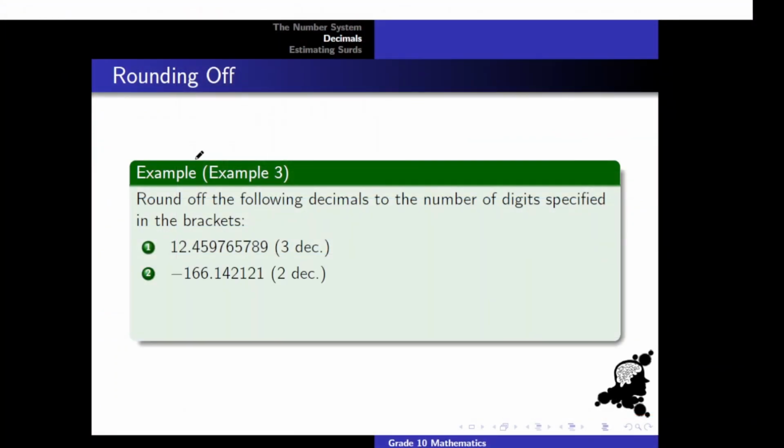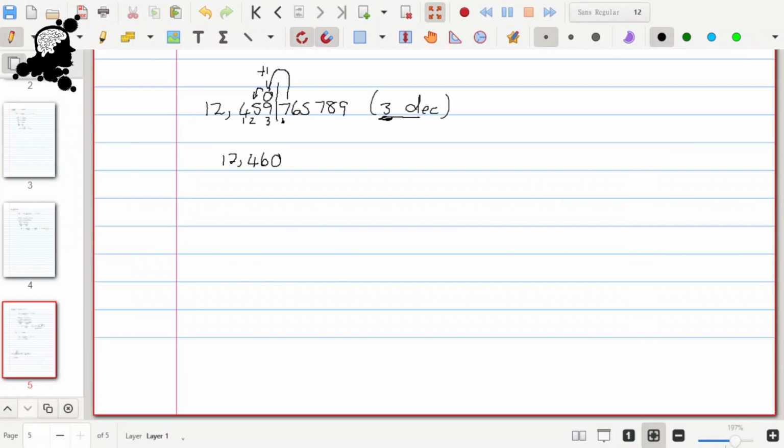In our next question, we've got negative 166,142121. Let's go write this down. So we've got negative 166,142121. And the question says that we need to round this off to 2 decimal places.